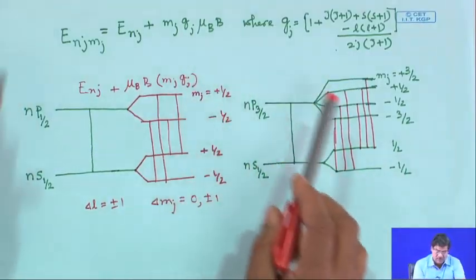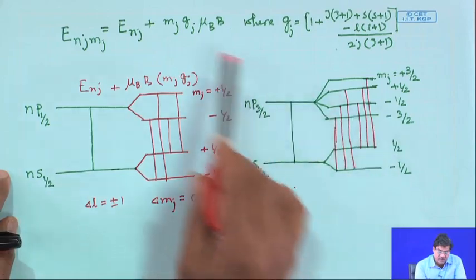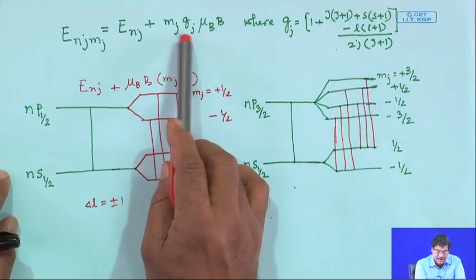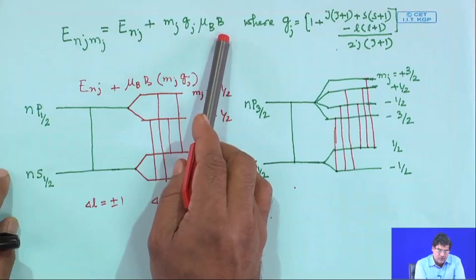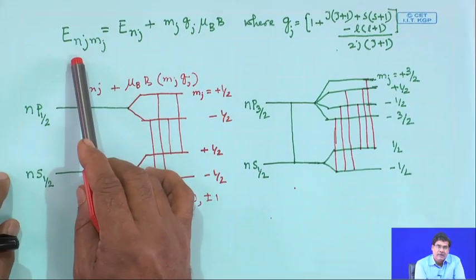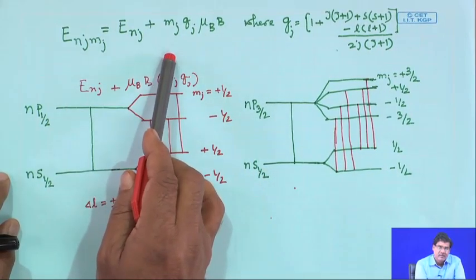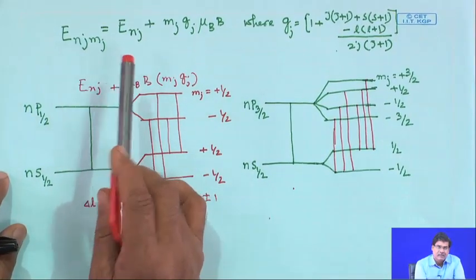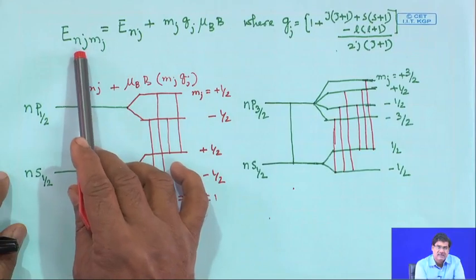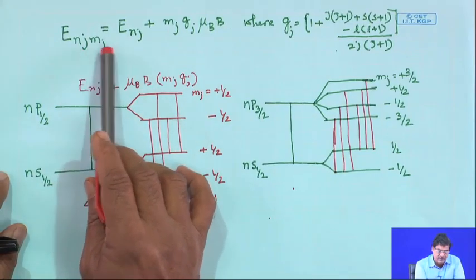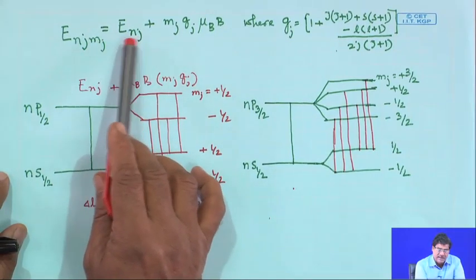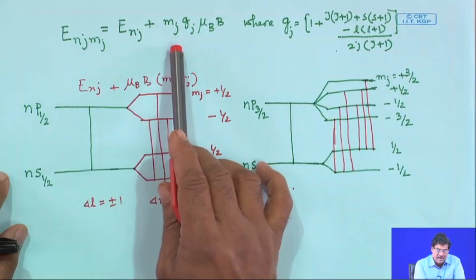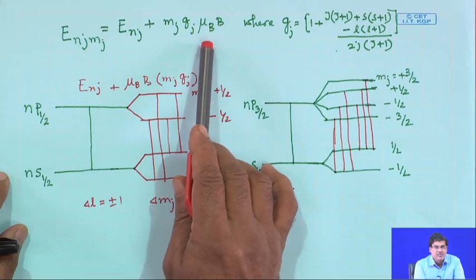That is what we have got, and this we have written as g_J. So, g_J, M_J, mu_B B. Now, in a weak magnetic field, what will be the energy of the energy levels? It is E_nJ without magnetic field plus M_J g_J mu_B B.